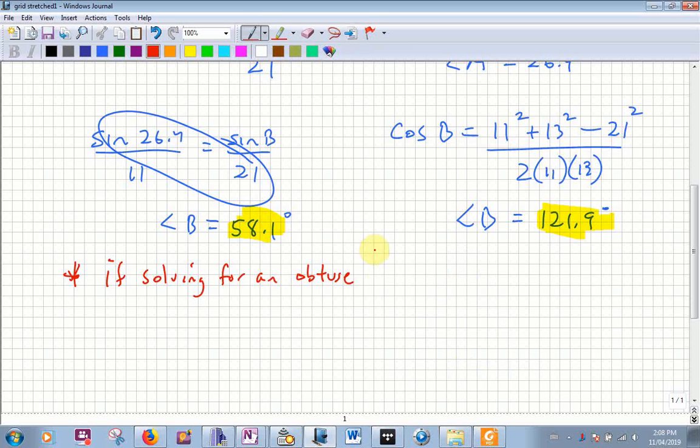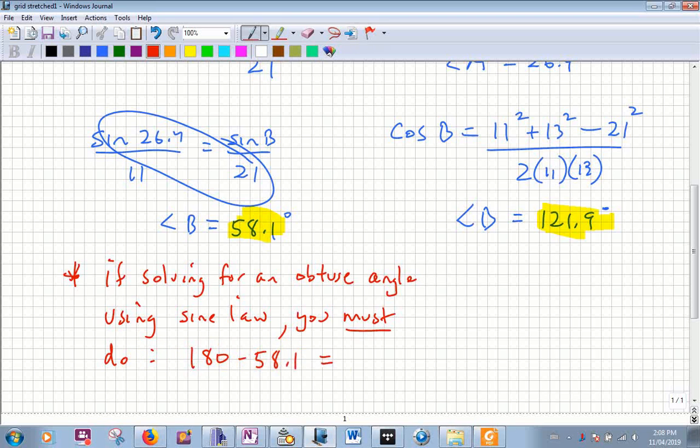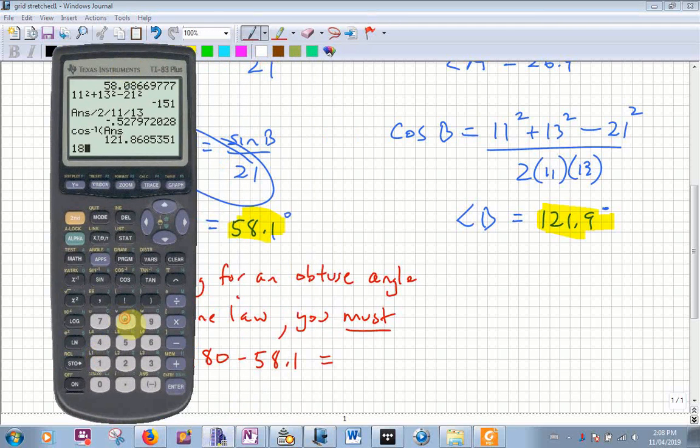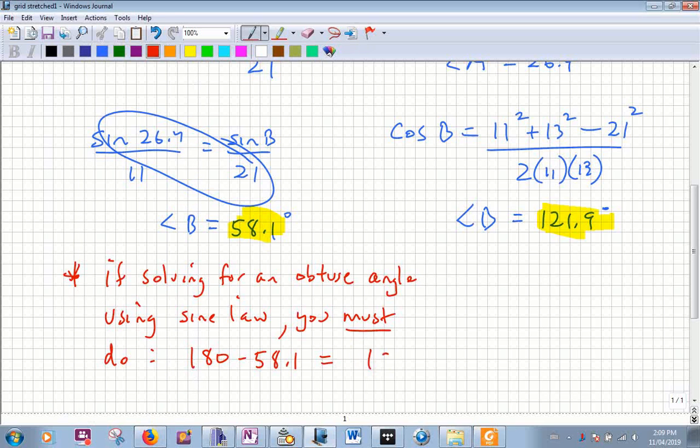If solving for an obtuse angle using sine law, you must do 180 minus 58.1. Oh, look. Same one I got with cosine law, 121.9.